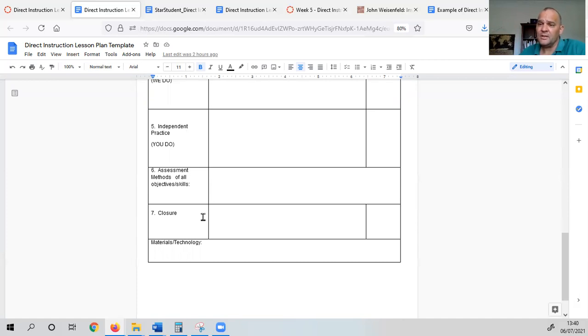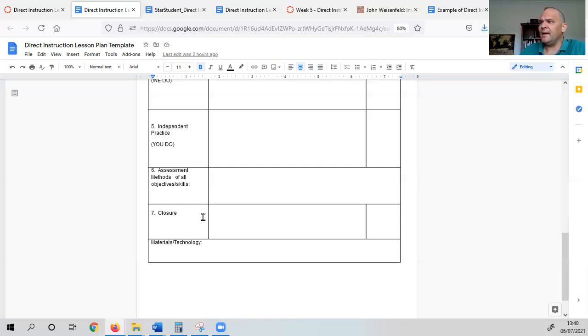And you'll notice in my lesson plan that I have an anchor chart at the beginning and an exit ticket at the end. I think those anchor charts and exit tickets are great ways to support students. So for the closure, you want a way, again, that students can reflect on what they learned, and an exit ticket provides a good way to do that.